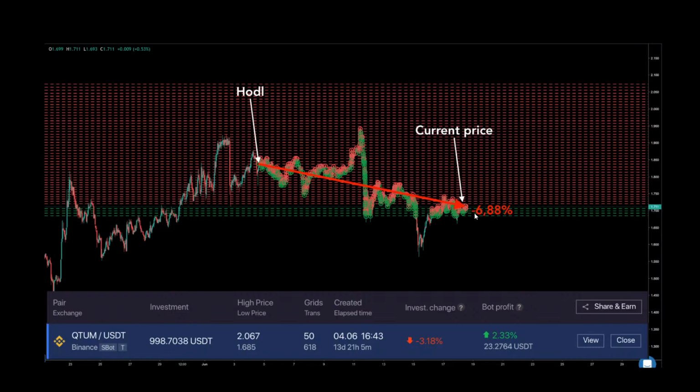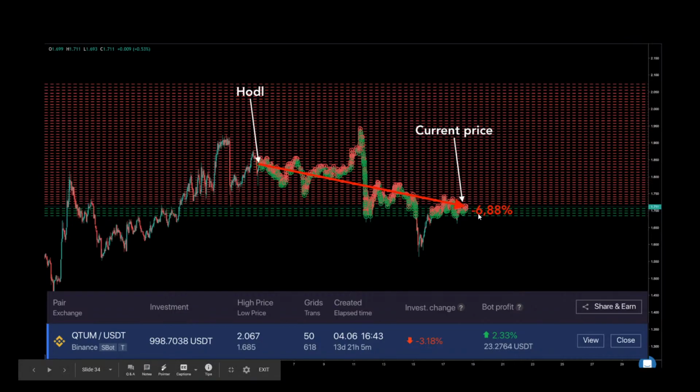So what would a simple HODL strategy bring you? Minus almost 7%. Whereas if you would launch the bot on Quantum to USDT, then in this case you would only have minus 3%. And that's thanks to the bot that was trading on this downfall, and it accumulated 23 USDT to offset this negative value change of the Quantum, and that's why the total investment change is only minus 3% instead of minus 7%.